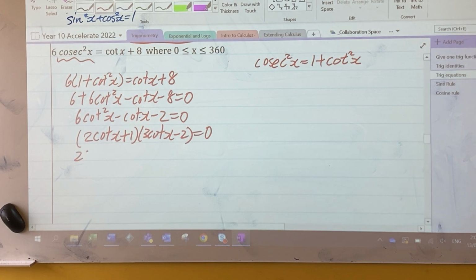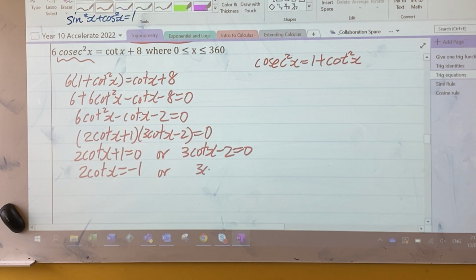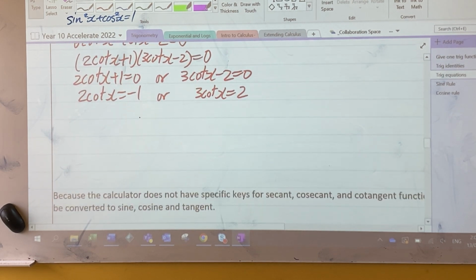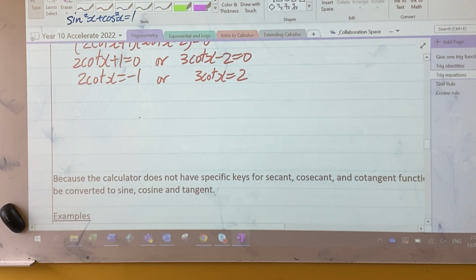Now, 2 cot x plus 1 equal to 0, or 3 cot x minus 2 equal to 0. So 2 cot x equals minus 1, or 3 cot x equals 2. You happy with that so far? Now, cot x equals negative half, cot x equals 2 on 3.